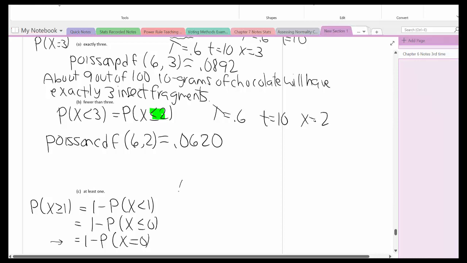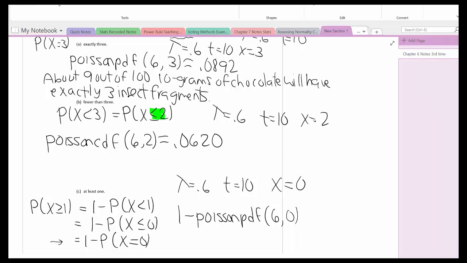Okay, so lambda, 0.6, t is 10, and in this case, x is 0, so it's 1 minus Poisson PDF. Lambda times t is still 6, comma x, which is 0. Put this in, and we get 0.9975.